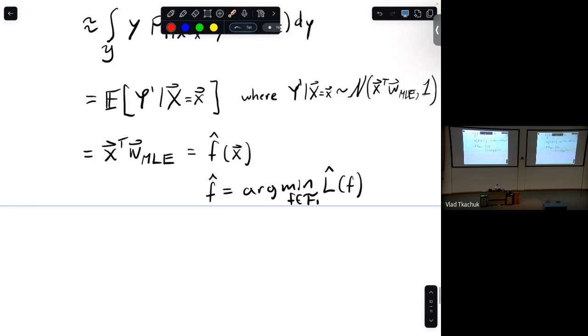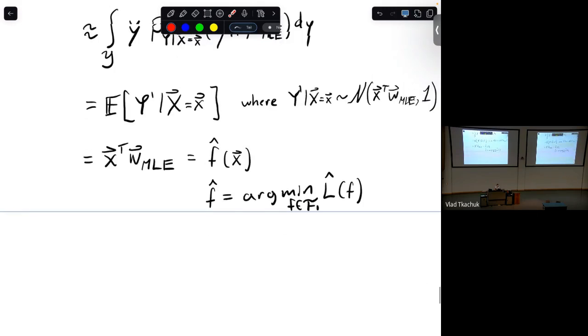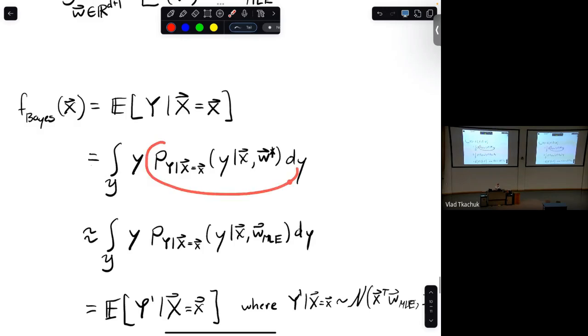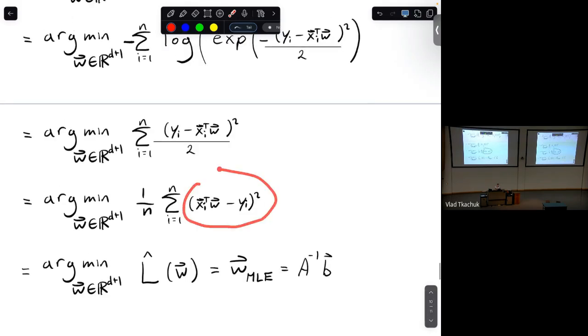And now we're going to talk about a different way to estimate this conditional PDF. What that's going to give rise to is regularization. Because right now we ended up with an objective like this, the L-hat objective, and then we saw this regularized objective, which penalizes weights with this extra term.